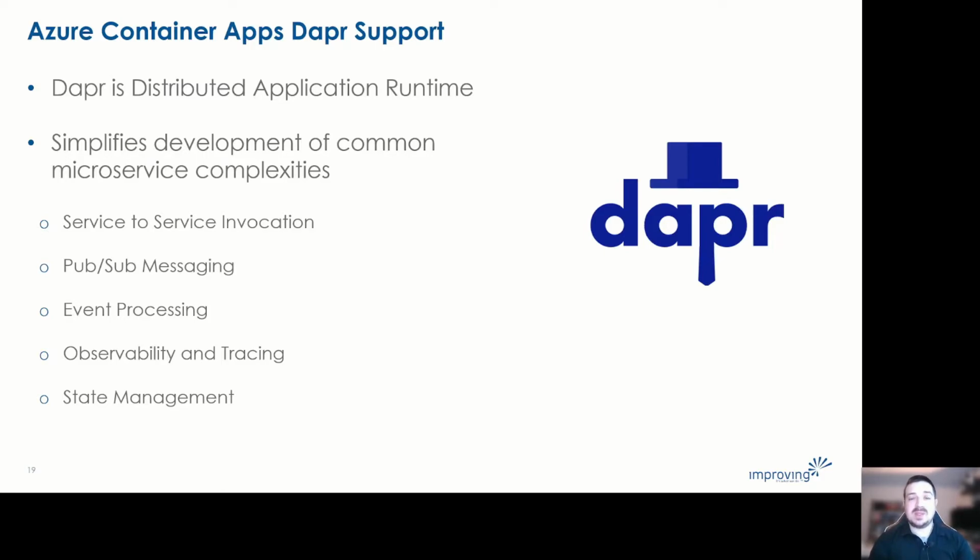But once I've got this configured, if I wanted to change from Azure Service Bus to RabbitMQ or an Apache Kafka or something like that, all I have to do is change a configuration file and redeploy. I don't have to rewrite all of my application code to now point to this new service. The pub-sub component of Dapr can work with any number of backends. You just tell it which one.